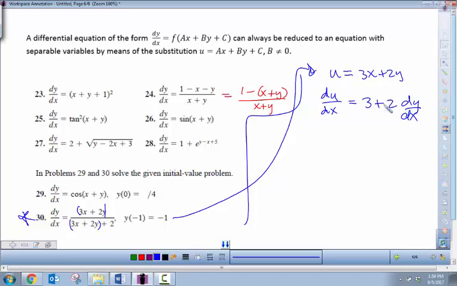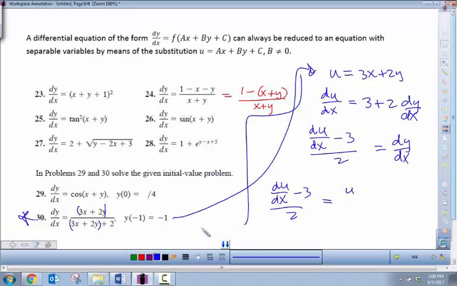I need to solve for this first. So dy dx is going to be du dx minus 3, divided by 2, and that's equal to u over u plus 2.